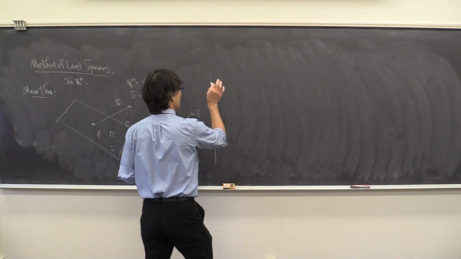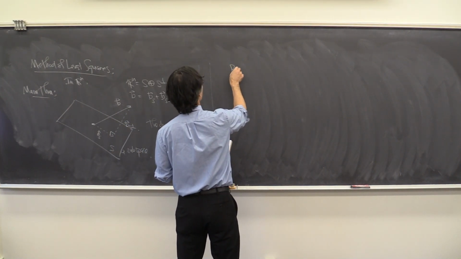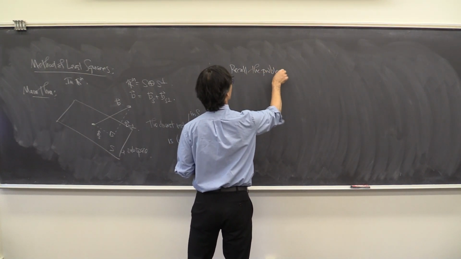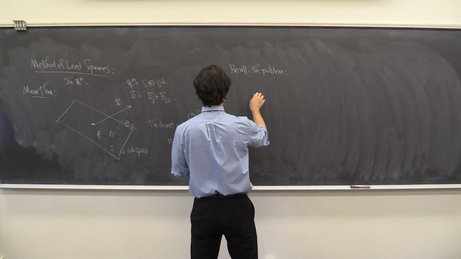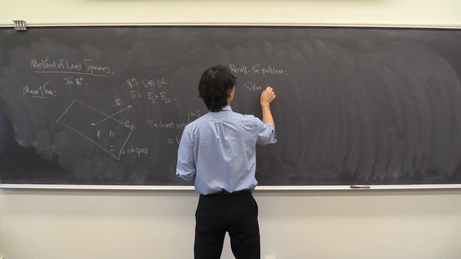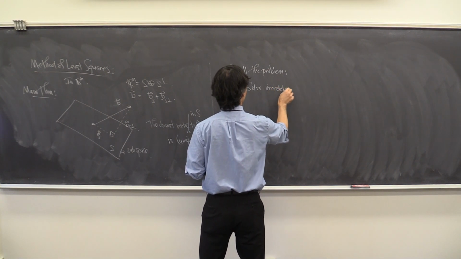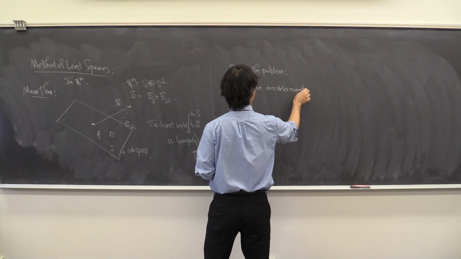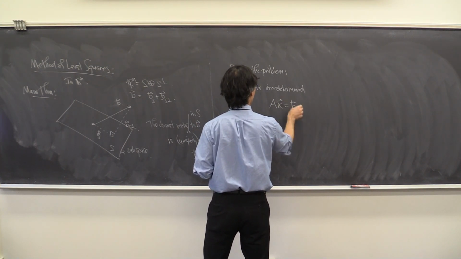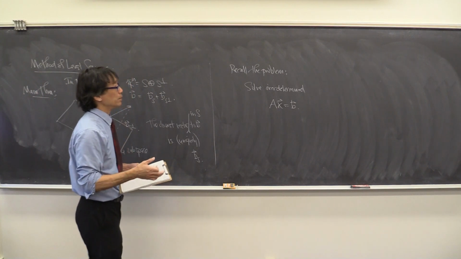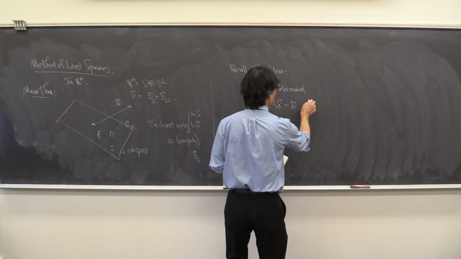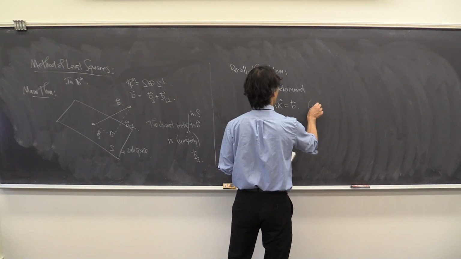Now, let's state the problem again. Recall the problem. The problem was to solve the overdetermined system AX equals B, right? So you wanted to solve this overdetermined system AX equals B, which was impossible.